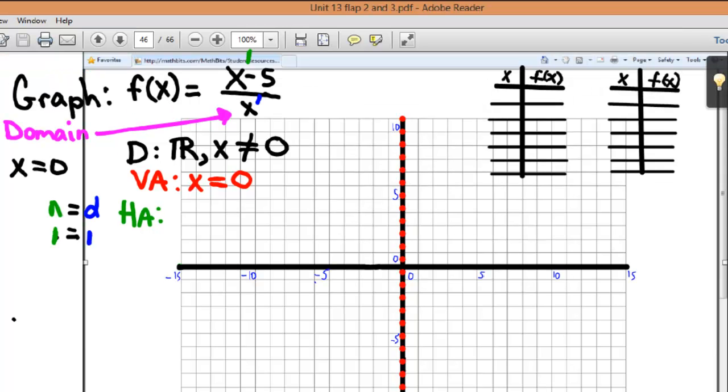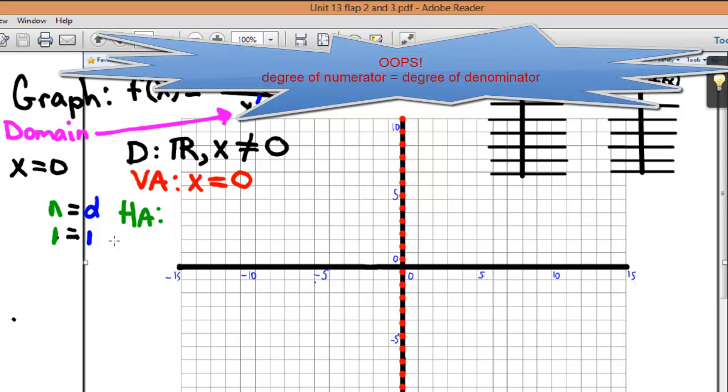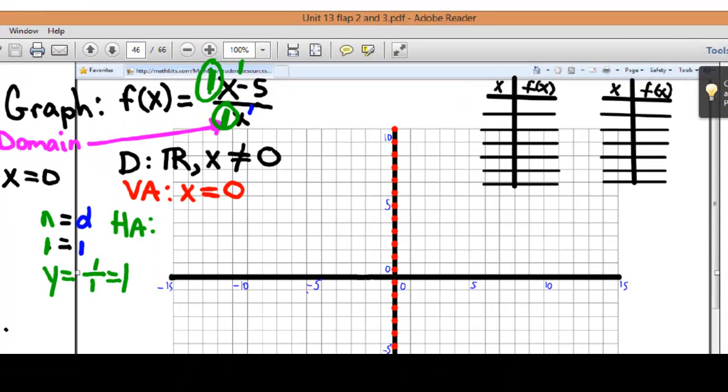To find the horizontal asymptote, look at the highest degree in the numerator and denominator. The highest degree in the numerator is a 1. The highest degree in the denominator is a 1. The numerator is equal to the denominator. Therefore, y is equal to the leading coefficient over the leading coefficient. So y is equal to 1.